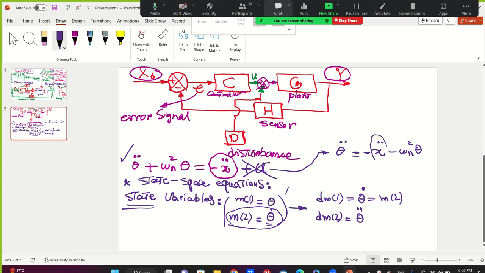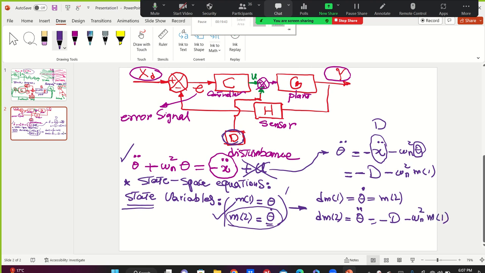Let me call this, as I told you, D. D stands for the disturbance on the system. Minus omega n square, what is theta based on the state variables? Yes, m1. So it's going to be minus d disturbance minus omega n square m1.